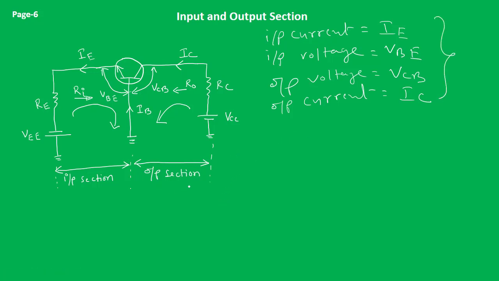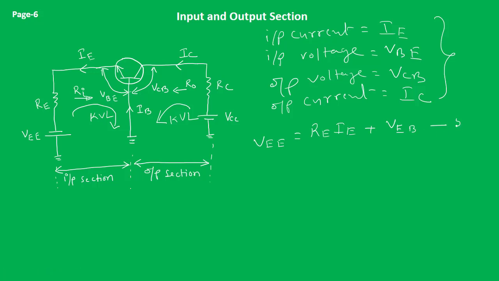Now if we apply KVL to the input and output loops, we can write VEE is equal to the drop across RE, so RE into IE, plus VBE or VEB, anything you can write.